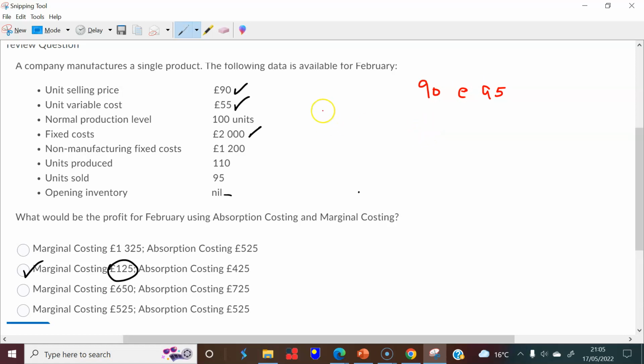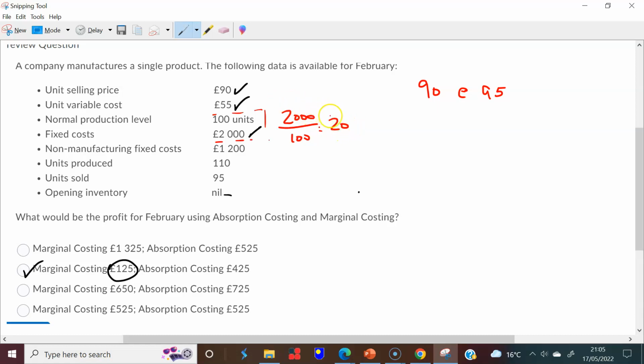But then the cost of our stock is fully absorbed. We absorb the fixed costs, and it says the normal production level is 100 units. So you will assume to absorb a fixed cost of £20 into the stock, in accordance with the standard IAS 2.